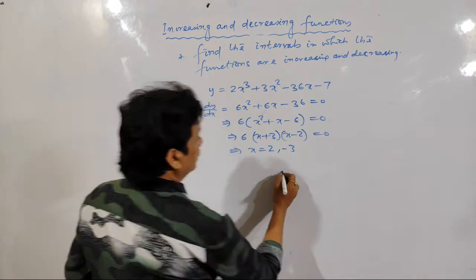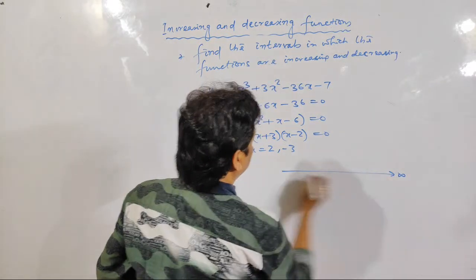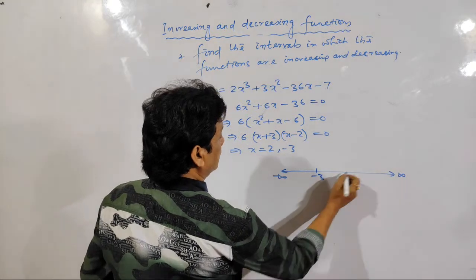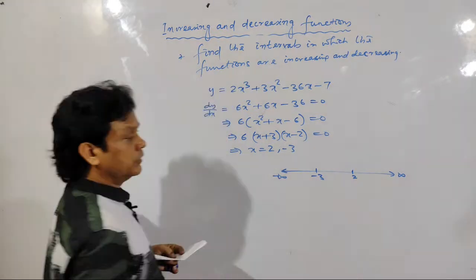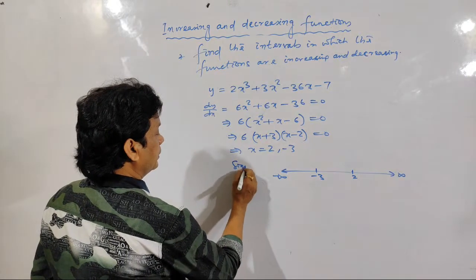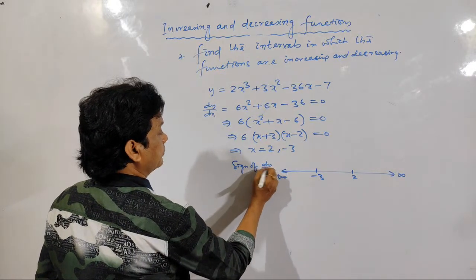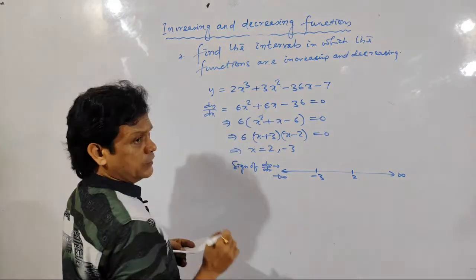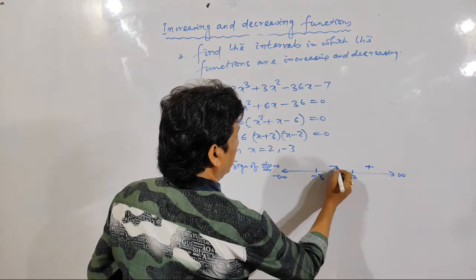So simply draw the number line. This is minus infinity, this is infinity. So 2 and minus 3, that means this is minus 3, this is 2. Clear? And here this is the sign of dy by dx. And here the sign of x square is positive. So positive, negative, positive.